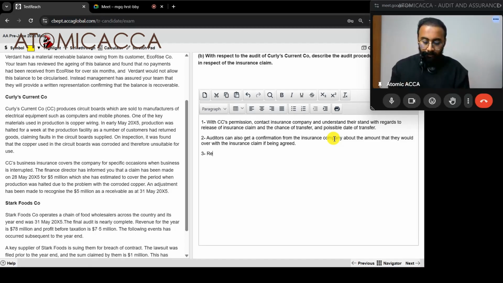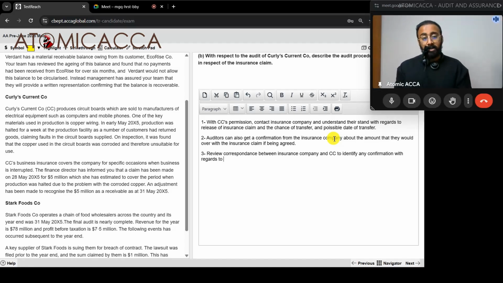Review correspondence between the insurance company and CC to identify any confirmation with regards to the insurance claim being approved.